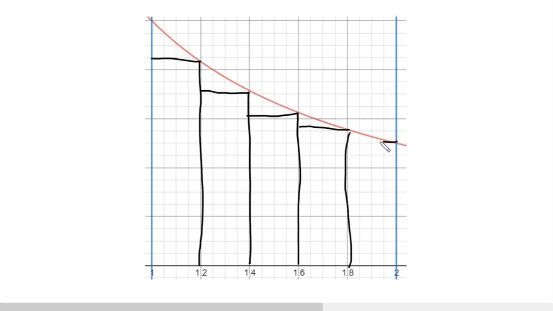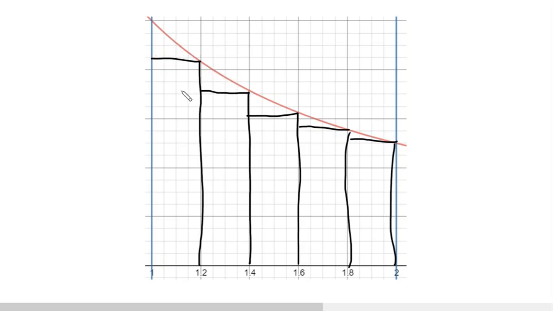That area is simply length times width. I would do length times width of each of these rectangles, add them all together, and that's my approximated area.